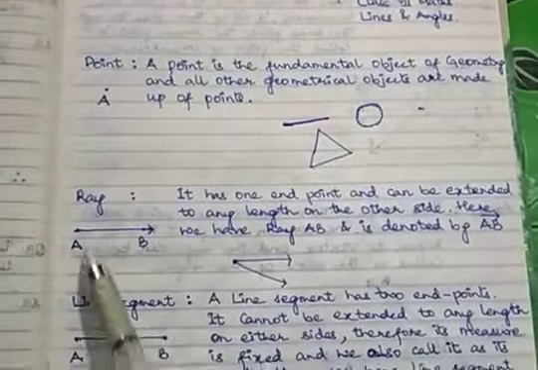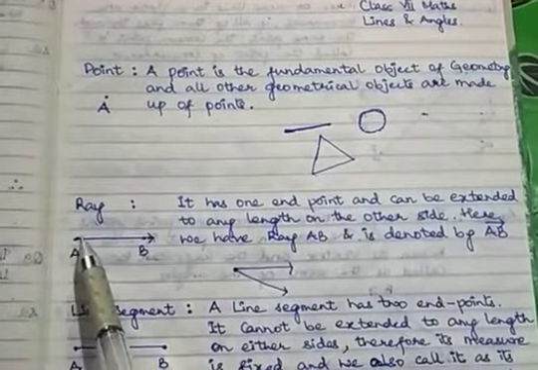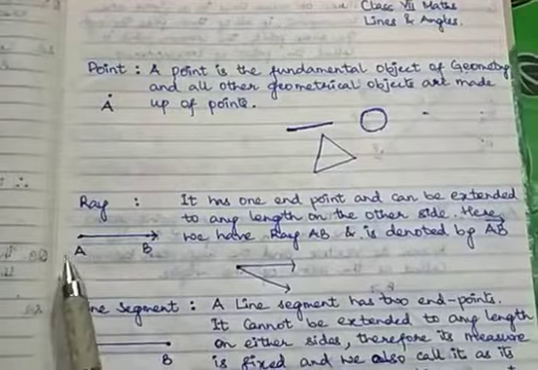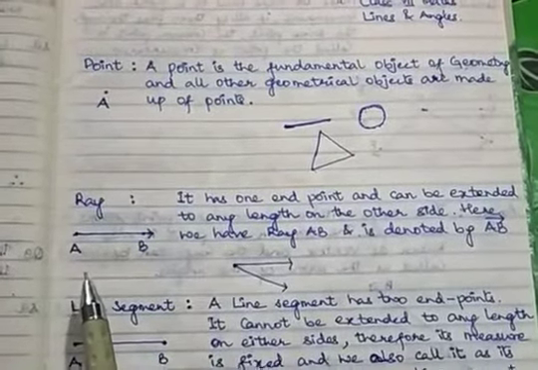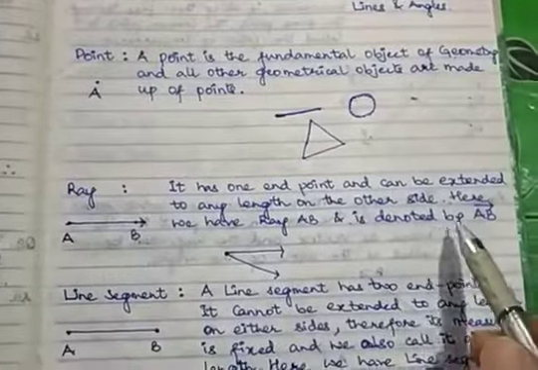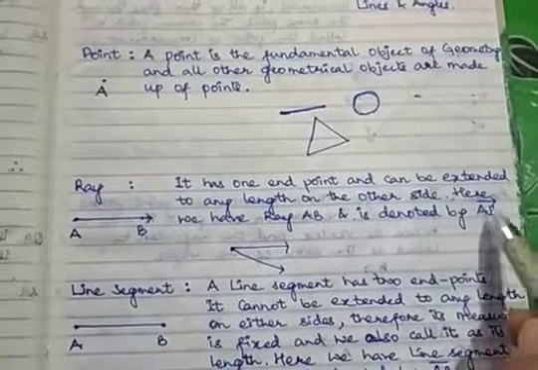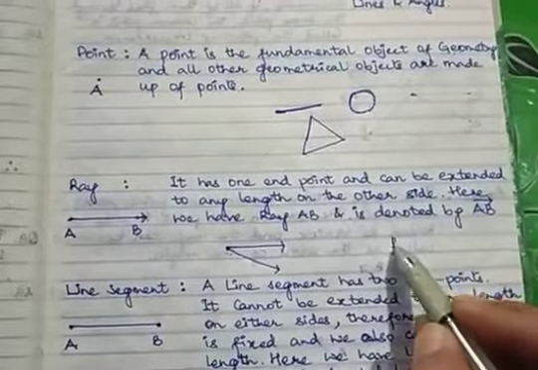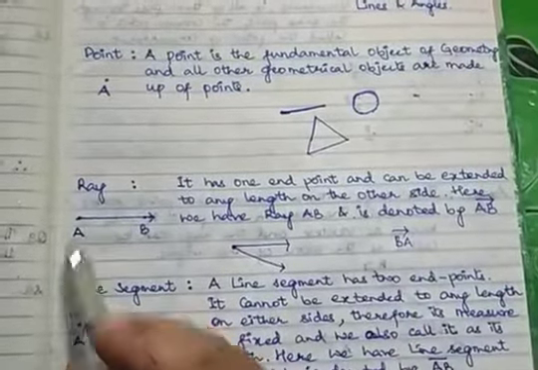So simple. What you need to know from this definition is that a ray has one end point and it can be extended to any length on the other side. It is denoted by the symbol AB, where the arrow extends from A towards B. You cannot write it as BA, because A is our endpoint.